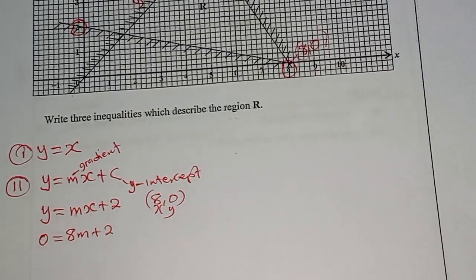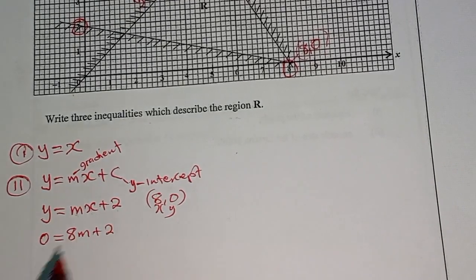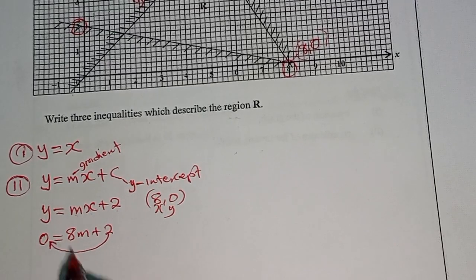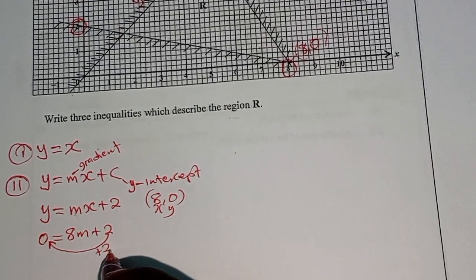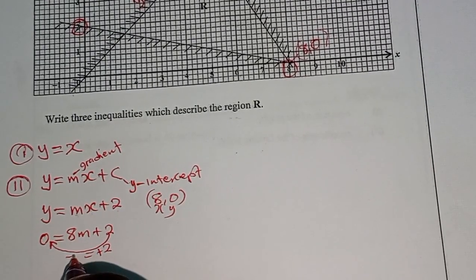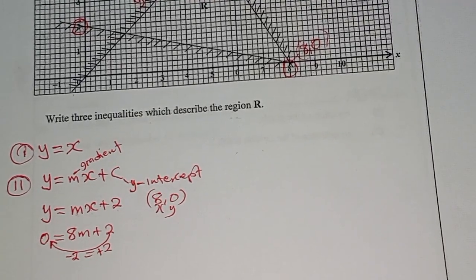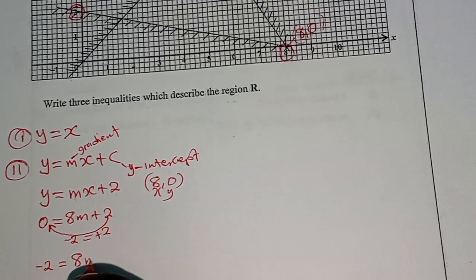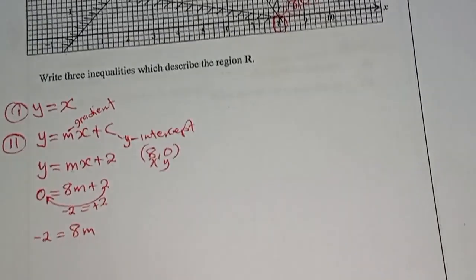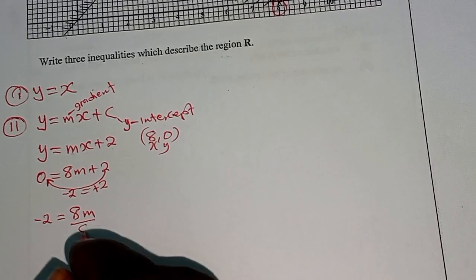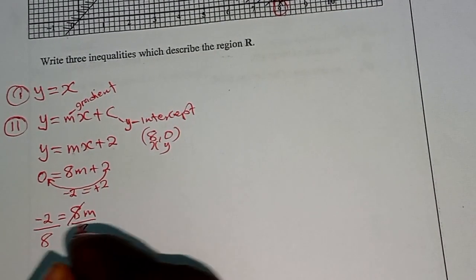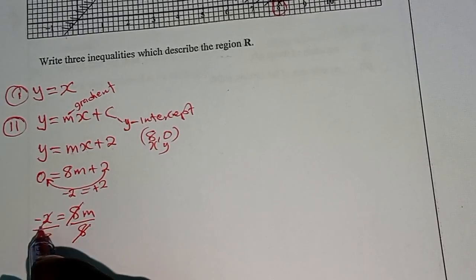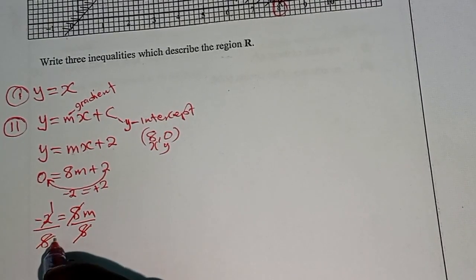8m plus 2. So from there, I'll shift to this side. It was positive 2. When it crosses the equal sign, it becomes negative 2. So it's going to be negative 2 equals 8m. So there you say over 8, 8 goes. So gradient equals 2 into 2, 1, 2 into 8, 4.